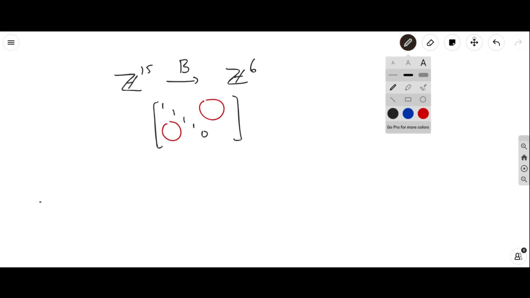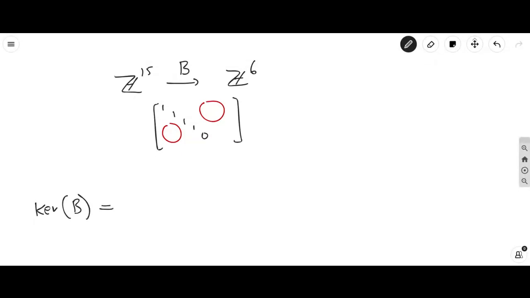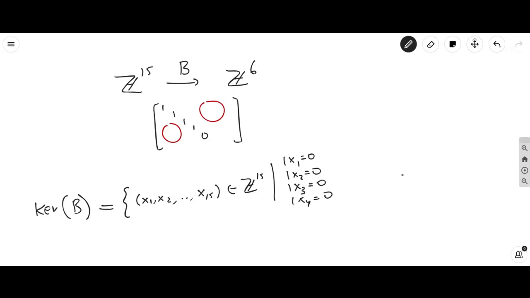So now you can find the kernel of B. The way you find the kernel of B is you would say that this would contain a vector of 15 components in Z15. This is telling you that 1x1 is 0, 1x2 is 0, 1x3 is 0, and 1x4 is 0.